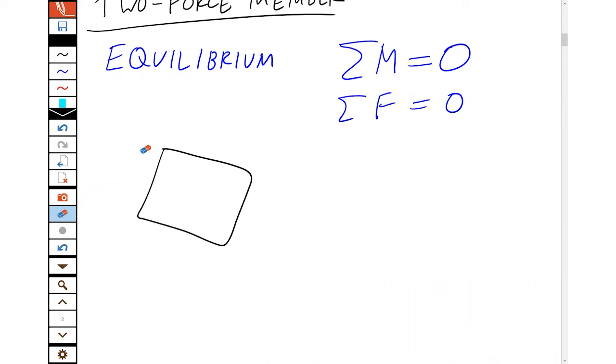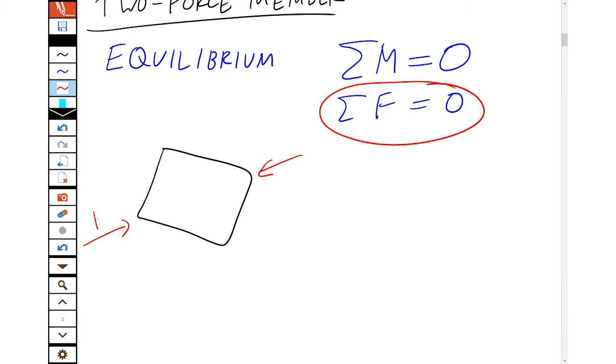But if you have only two forces acting on an object, then they must be equal and they must be opposite. Otherwise, the forces wouldn't add up to zero. If this is 10, the other must be 10 in the opposite direction. Otherwise, they simply can't add up to zero. Also, they must be in exact line with each other.